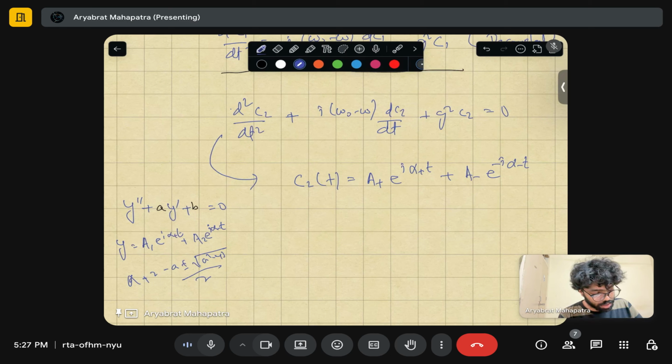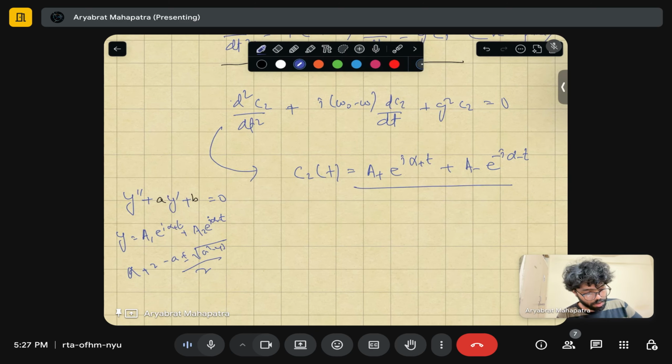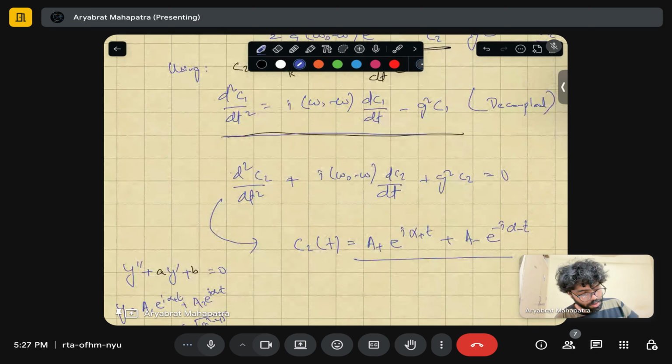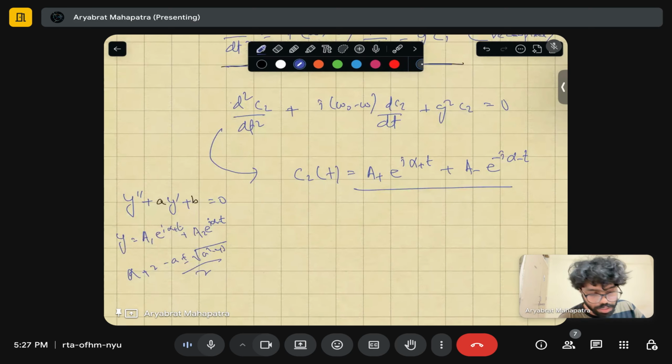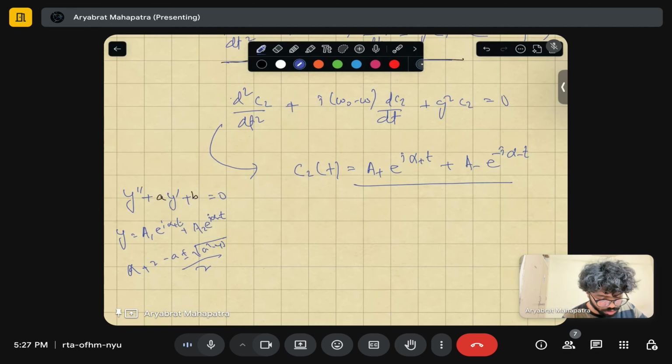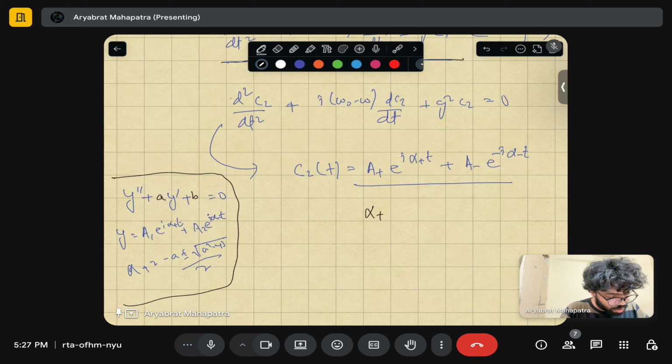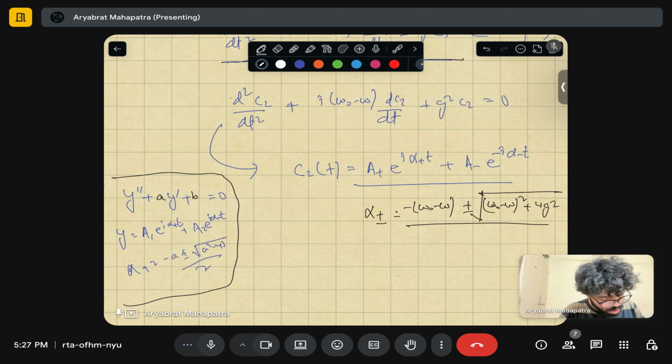It is just that simple solution. Similarly, you will also have a solution for this differential equation. So these are your second order ordinary differential equations. Here your alpha plus minus will be minus omega naught minus omega plus or minus the square root of omega naught minus omega square plus 4g square, over 2.